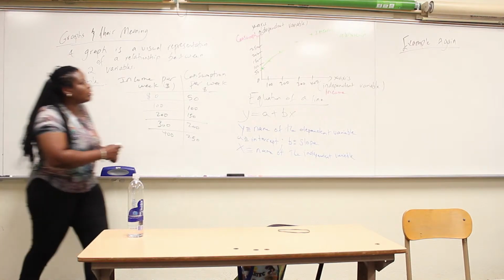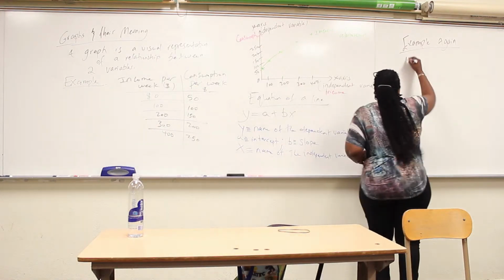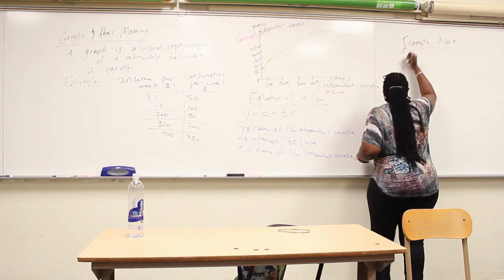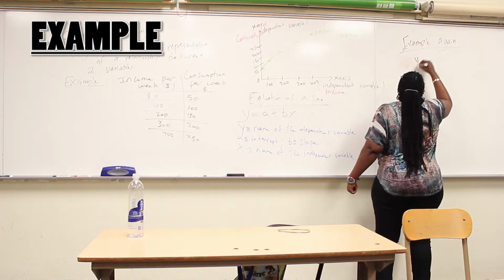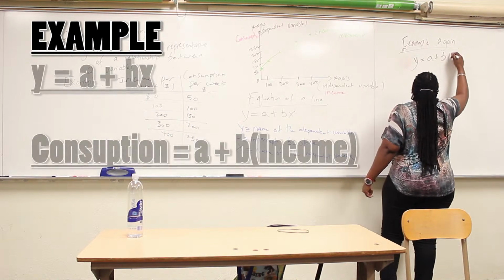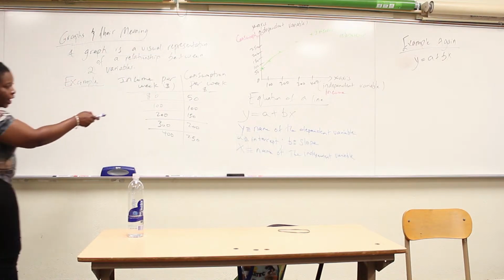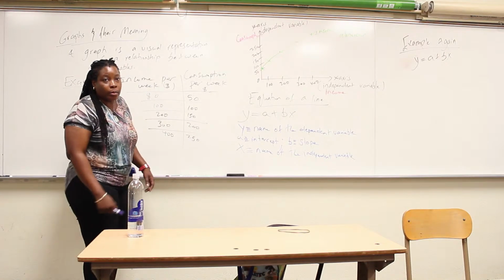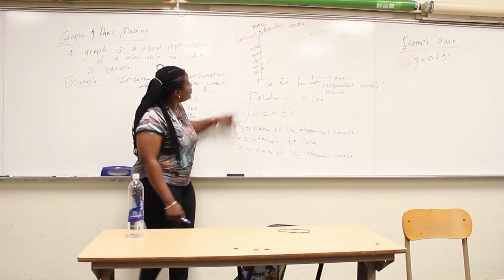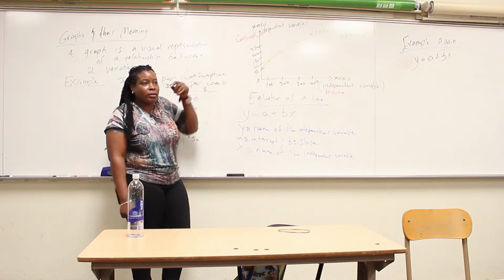If we're going to use this example, we know we're trying to find Y is equal to A plus BX. We're going to fill in these particular pieces. We said Y is the name of the dependent variable, the name that we have on the Y-axis.